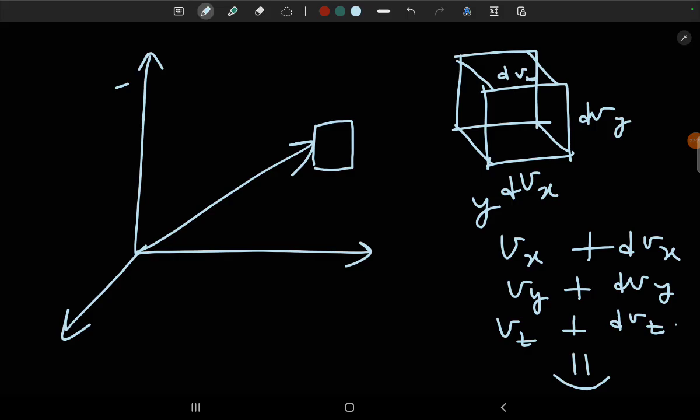But since we are talking about speeds now, this is actually an octant, and there will be 8 such octants in this coordinate system. Since we are talking about a speed, there will be infinite speeds in all the directions with the same magnitude or the same distance from the origin.